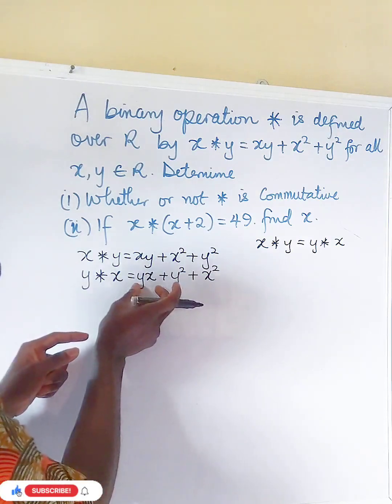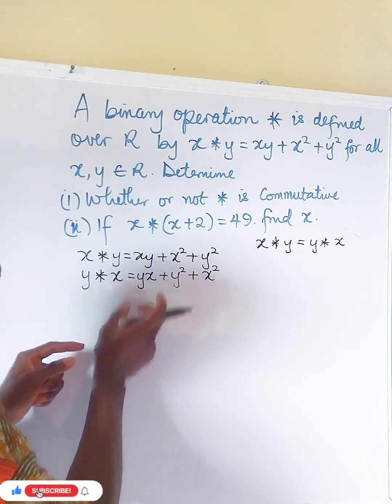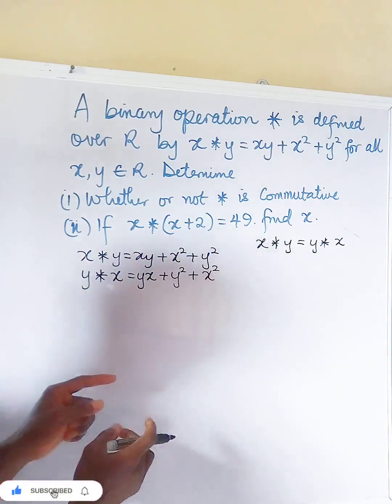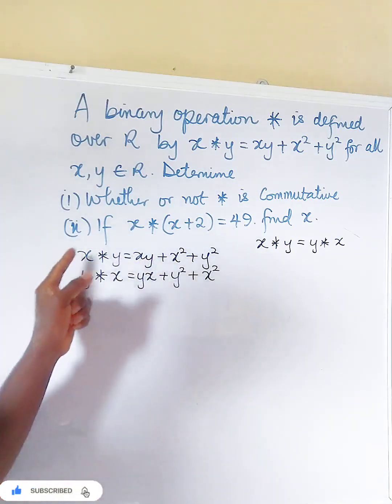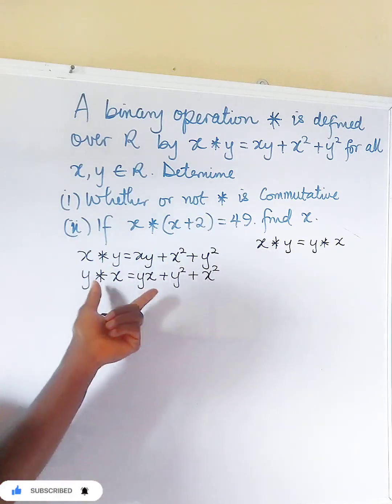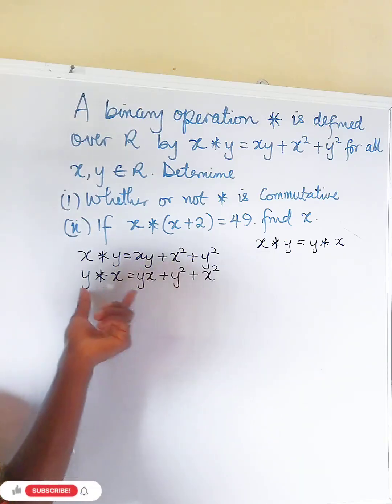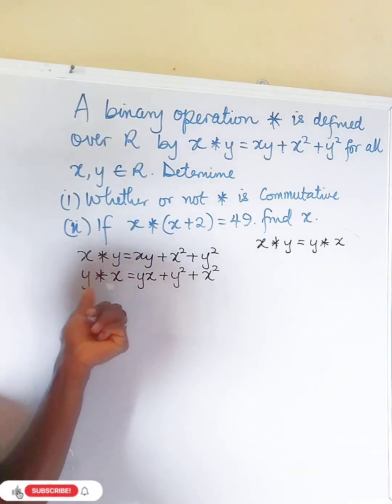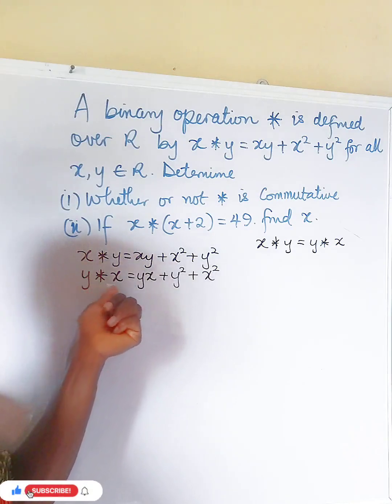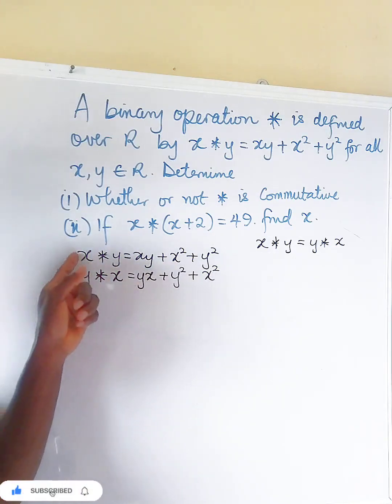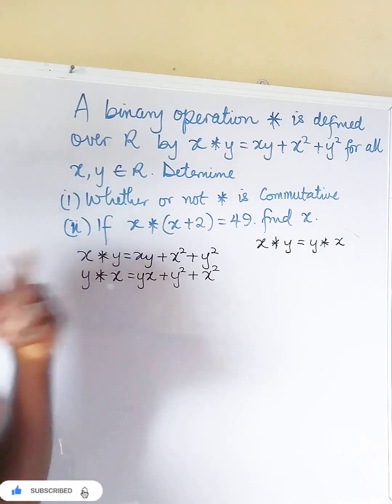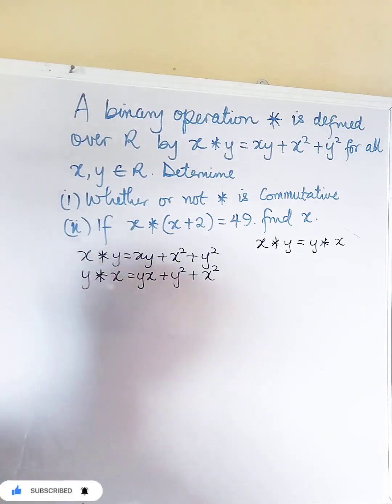Since we are having a product here, it can also be interchanged. So it means that the operation is actually commutative, because the effect we have for y * x is the same as x * y.